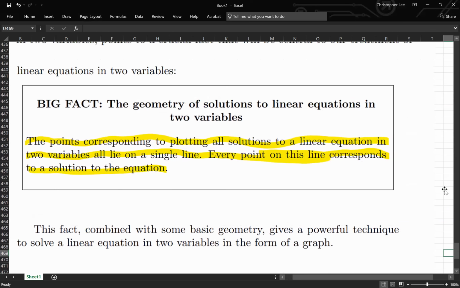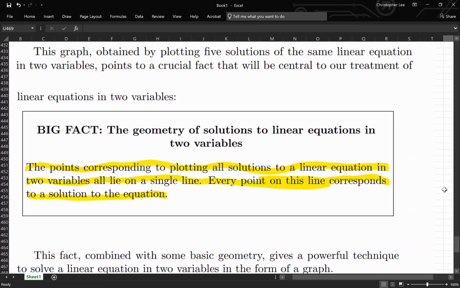All right. So to our treatment of linear equations in 2 variables, big fact, the geometry of solutions to linear equations in 2 variables: the points corresponding to plotting all the solutions to a linear equation in 2 variables all lie on a single line. Every point on this line corresponds to a solution to the equation, period, right?